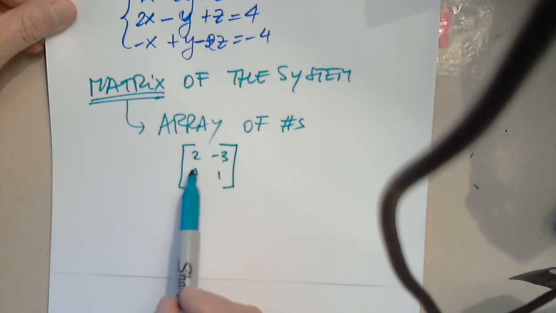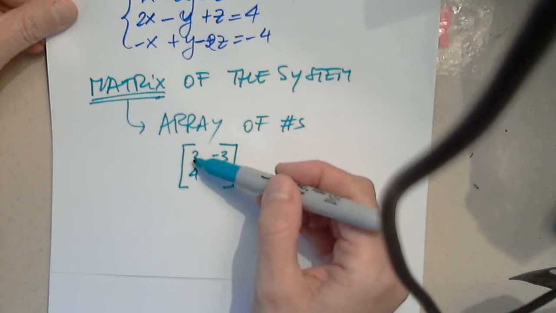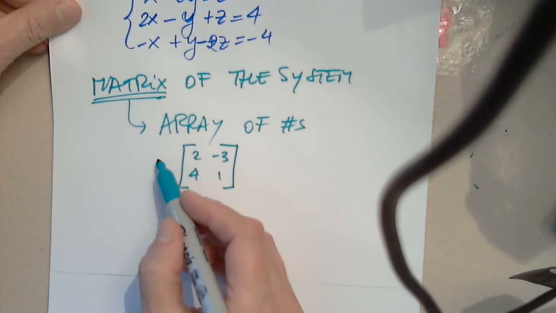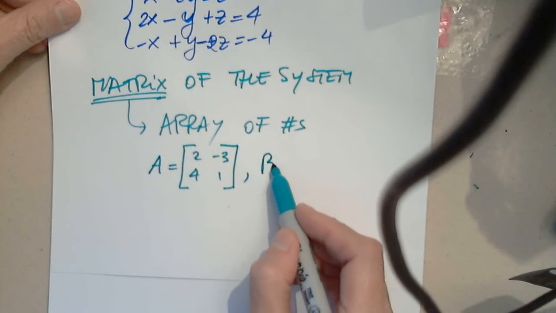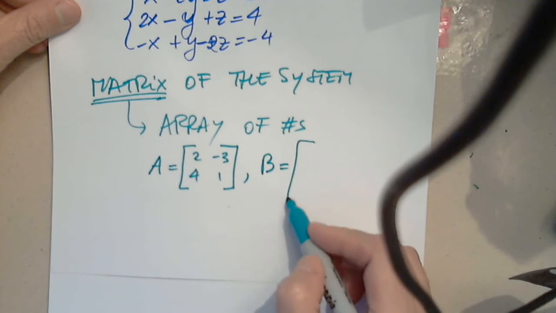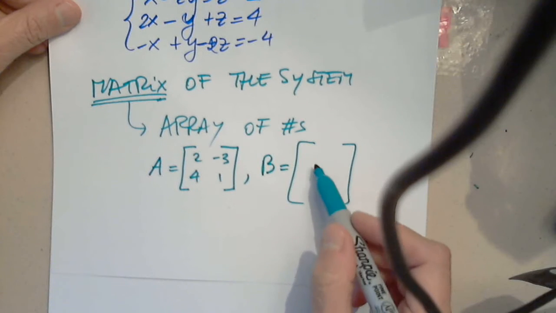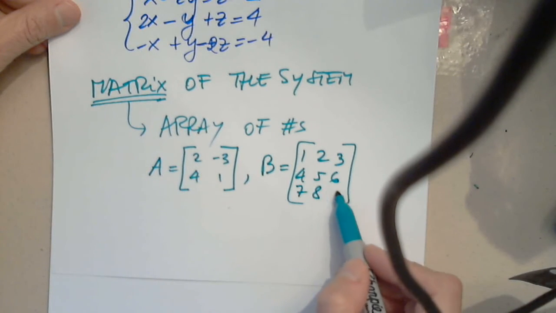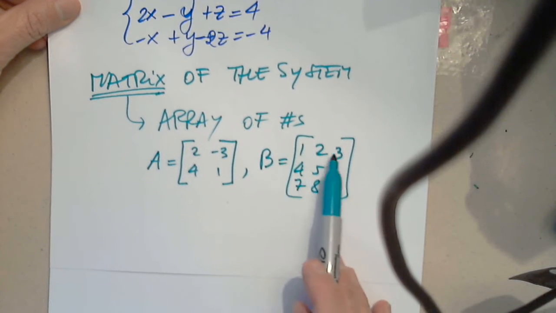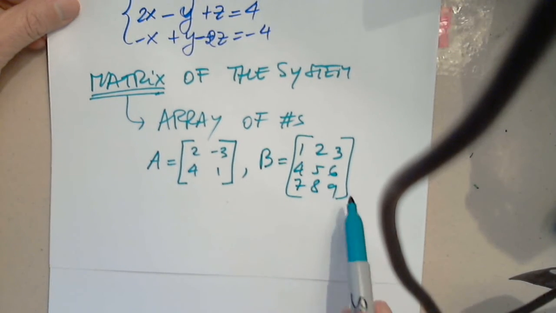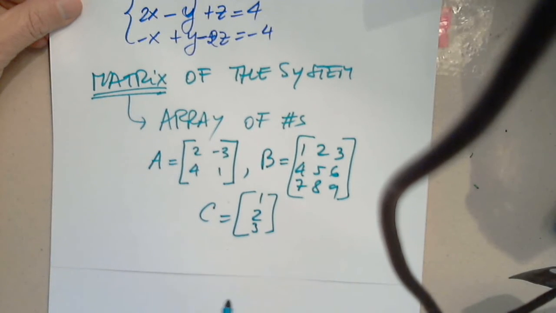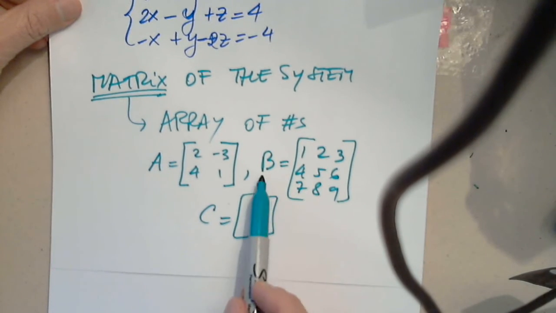It has 2 rows and 2 columns, and that's an array, and we normally call it A, or B, or C. Here is another one. This one has 3 rows and 3 columns. Here's another one. This one has 3 rows, but only 1 column.